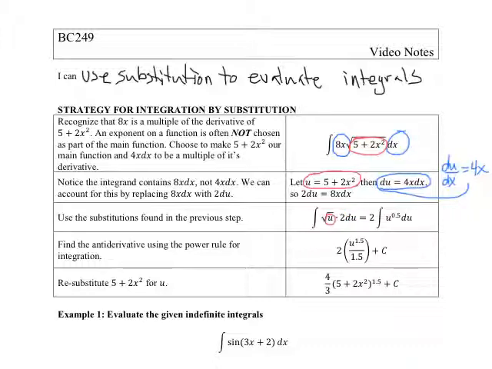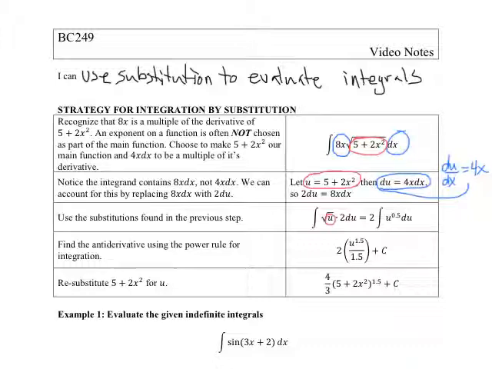And from that we can pull the 2 into the front, and what we have is 2 times u to the 1/2 du. This is something that we can find the antiderivative of because it's just a power rule for integration. So we add 1 to the half and we get u to the 1.5 all over 1.5 plus c, because it's an indefinite integral.